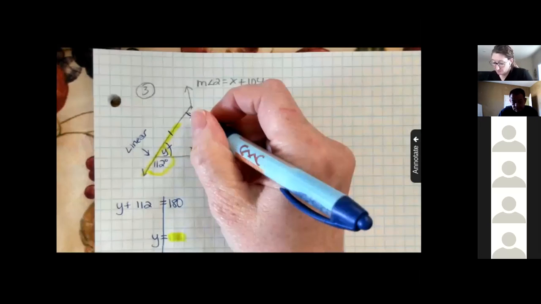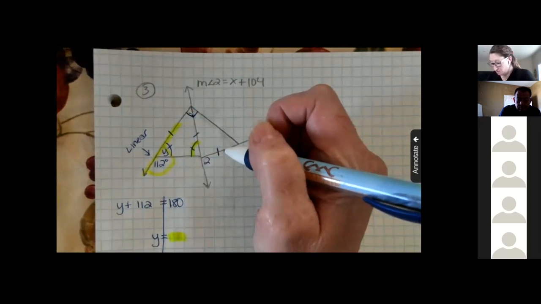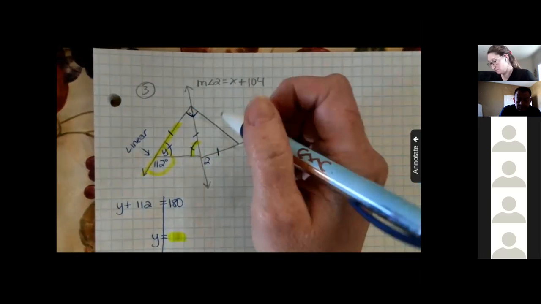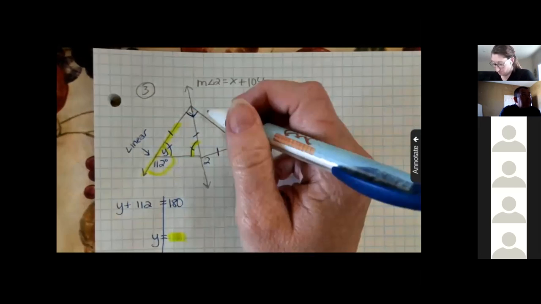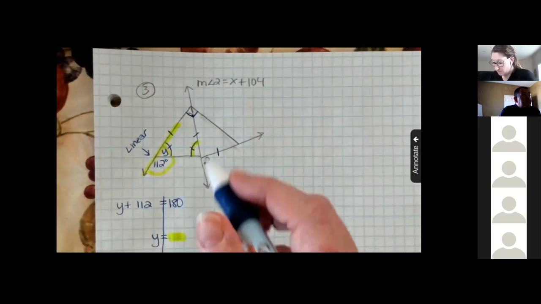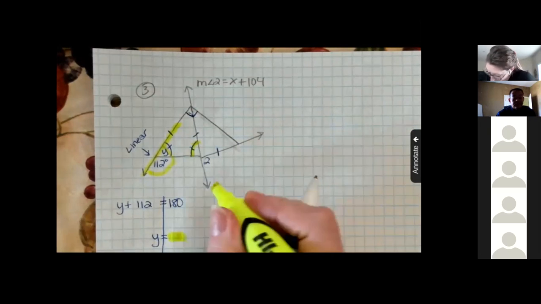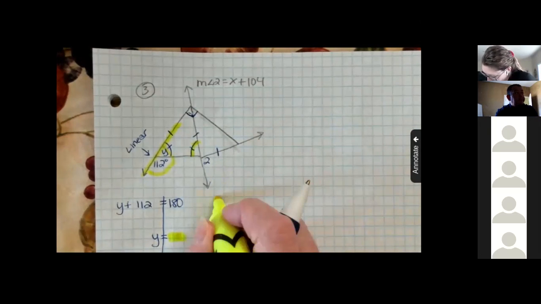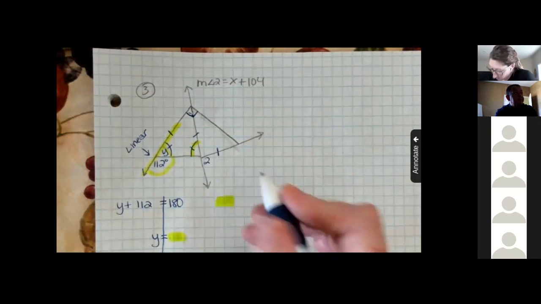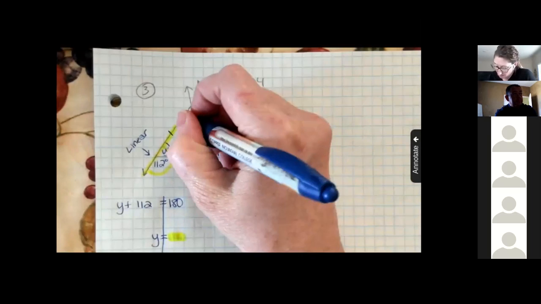I need to know this part of the 90. Okay, so how do I do this again? Oh yeah, I have to think about it without doing the math. Okay, so my next step would be to take the yellow y plus the yellow plus, I don't know what this is, so I'm going to make it b.